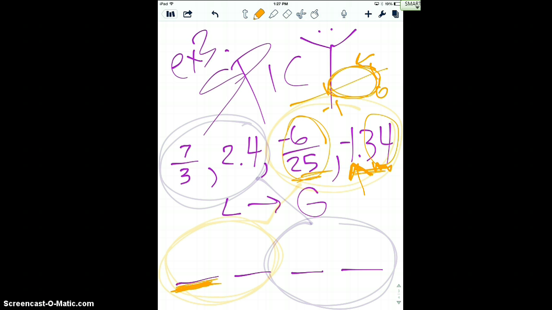It's somewhere in here, like right there. Whereas -1 and something is this way. It's somewhere over here. It's past -1. Meaning this number, -1.34, is farther away from 0, so it's going to be the smallest number up there. Which means I can write -6/25 next.